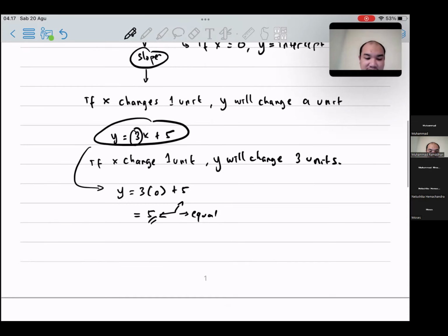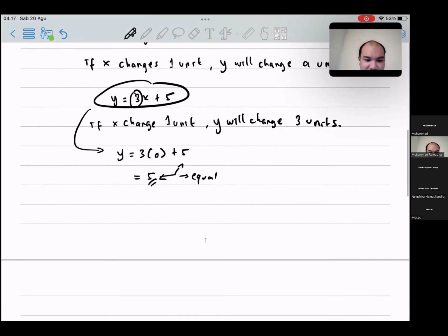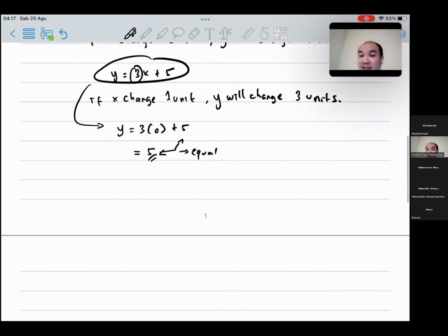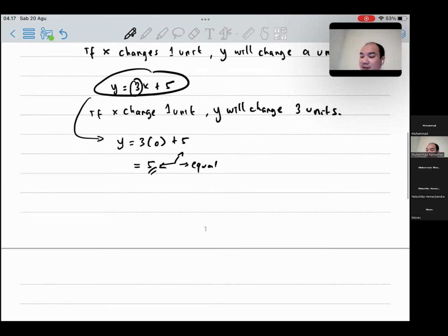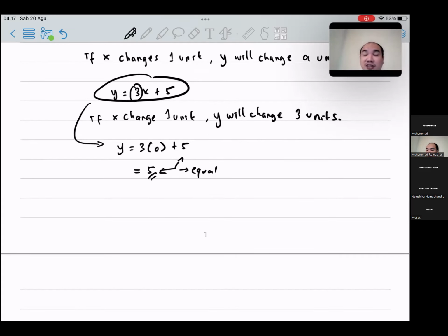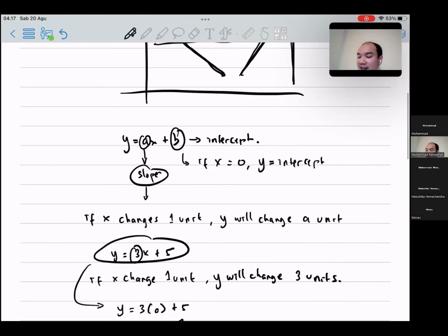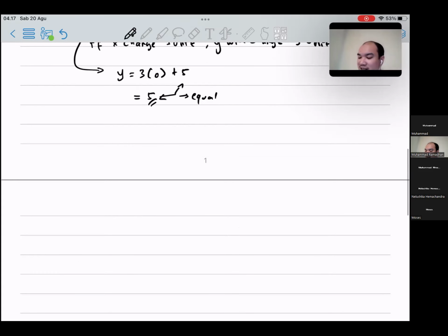Okay, and then I'd like to explain how to determine the slope in a linear equation. The easiest way to determine the value of the slope is to change the equation until you get the form y equal to ax plus b.